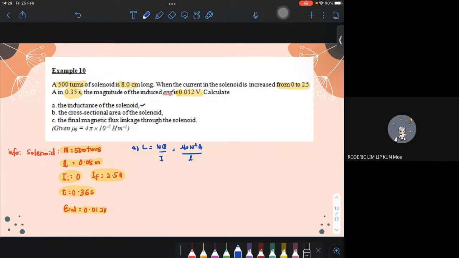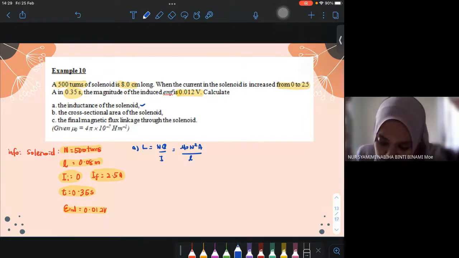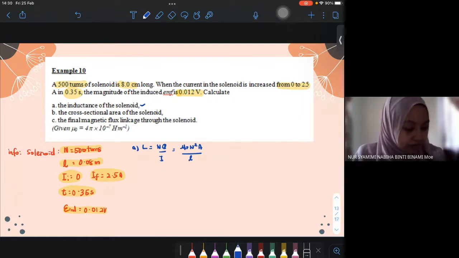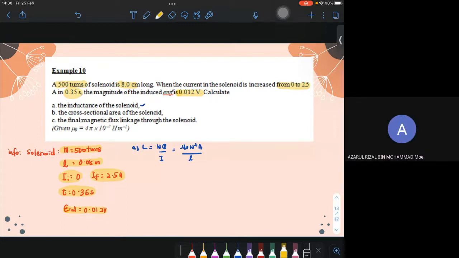The second one. Do we have area? No, madam. No. Then how? Ada equation lain yang kita boleh gunakan? Ada, madam. Which one?